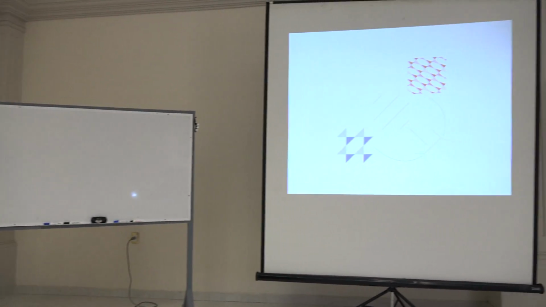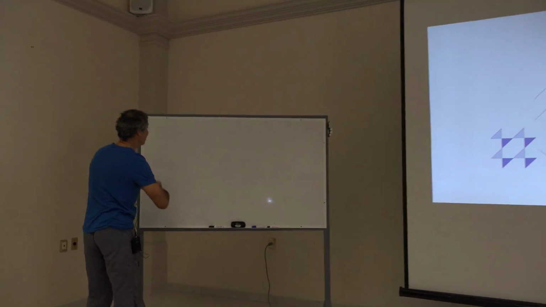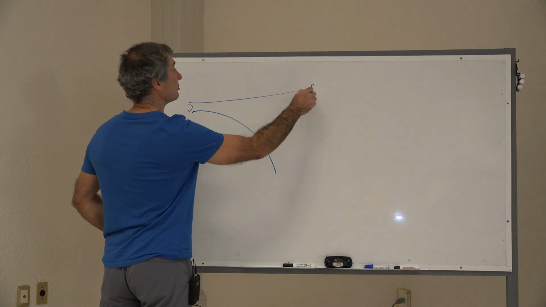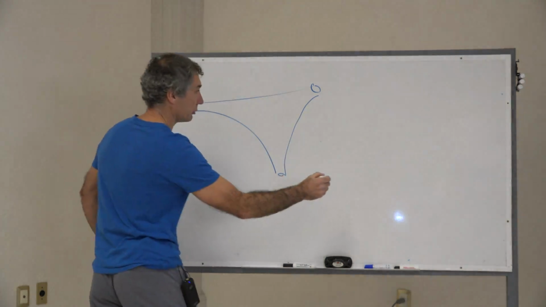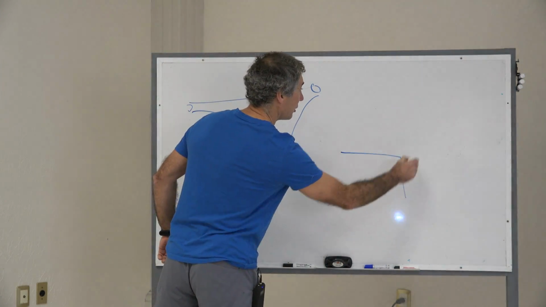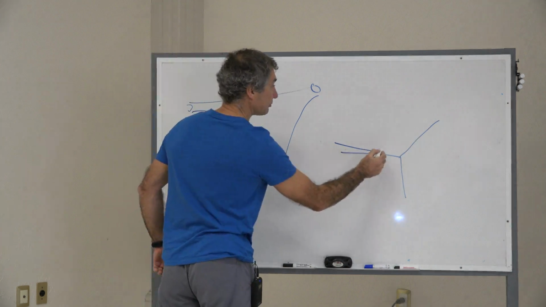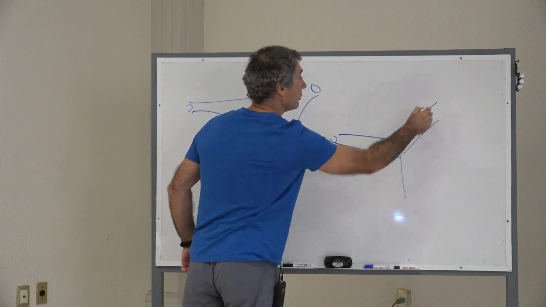Maybe I'll draw a picture for the pair of pants just to get going. So this is a usual pair of pants, a complex one. And if you do the tropical one, it's going to be fibered over this thing, and the fibration is, here you have a cylinder. Here you have a cylinder.